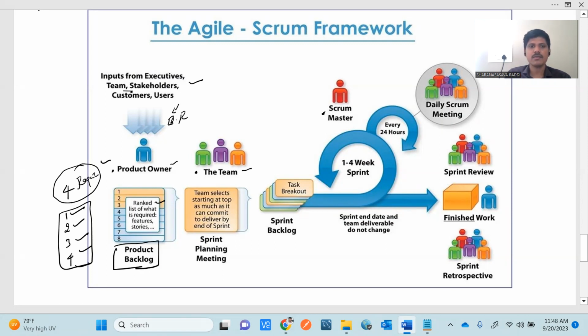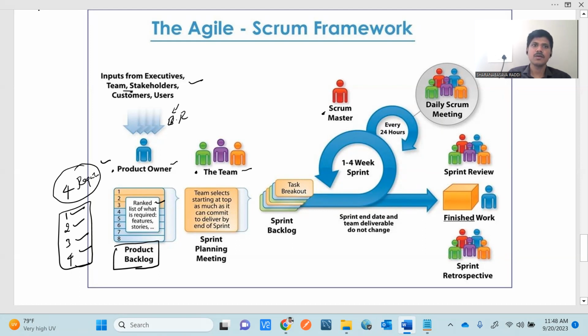This product backlog will be having the list of business requirements given by the customer, and those are arranged on priority basis. Product owner has arranged these requirements on priority basis in this product backlog. That is nothing but a product backlog.